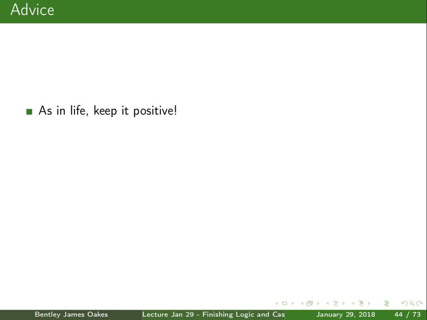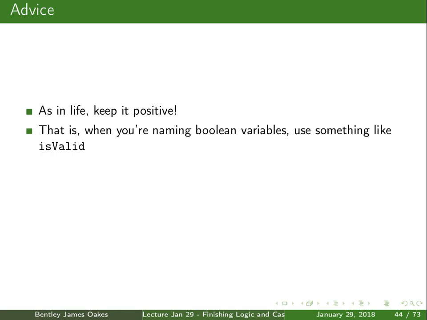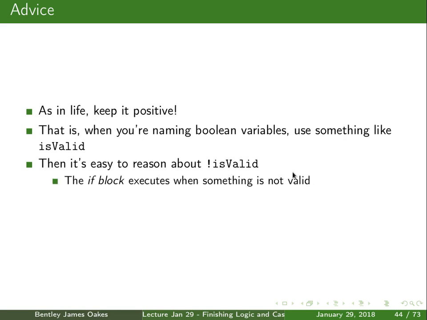My advice is that in life, keep it positive. So when you're naming something, like a variable, use something like is valid. Keep it positive, because it's easy to reason about not is valid. Not is valid means that the if block executes when something is not valid.